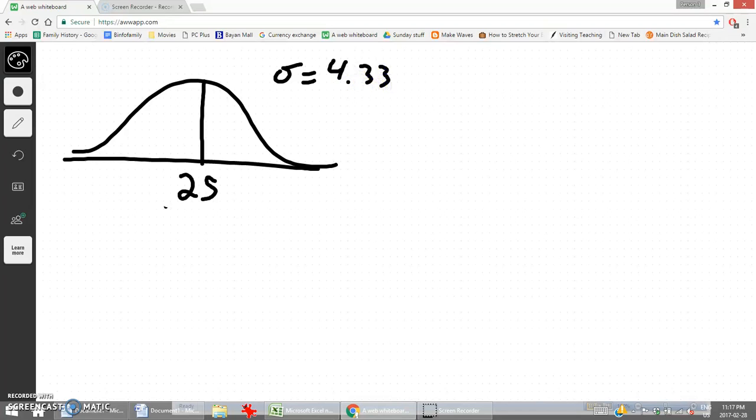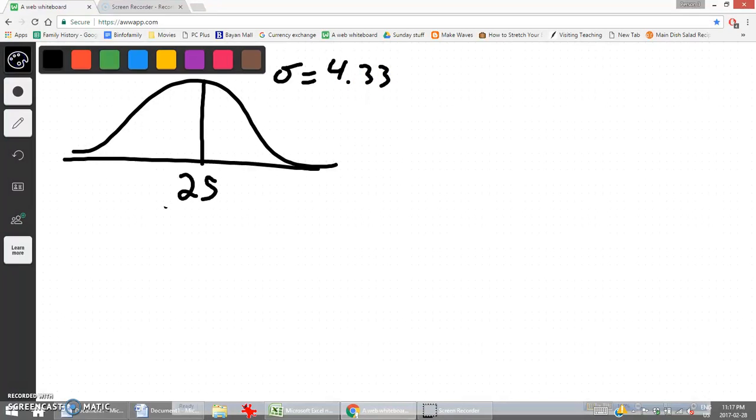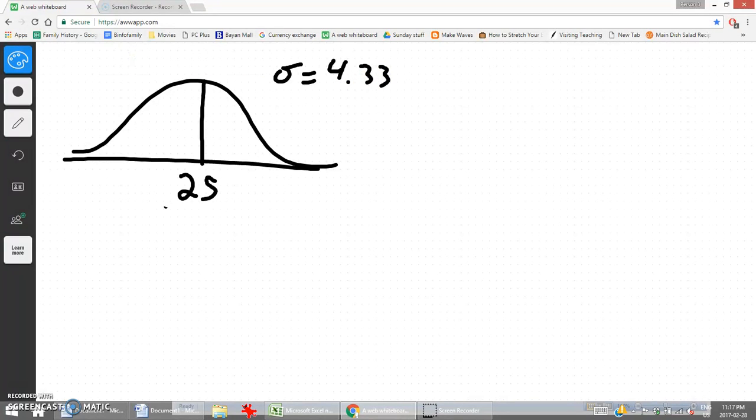We want to know the probability that someone passes this test. So to pass this test you have to get 50 or more. We're going to put 50 right there. We're going to shade in that area because that would indicate every value greater than 50. So after this it becomes a three-step process. Calculate Z, find the area, make the adjustment.